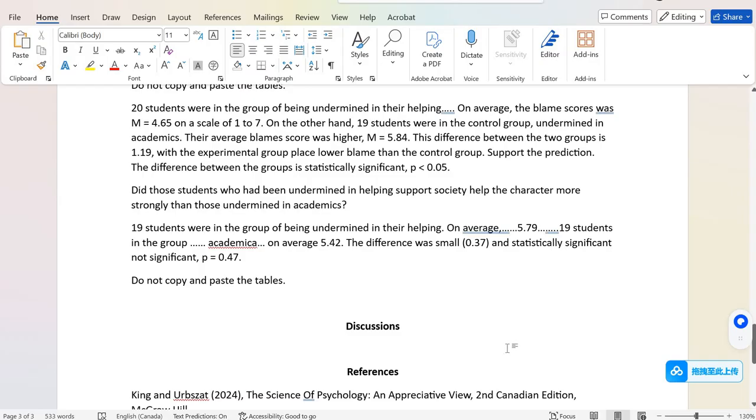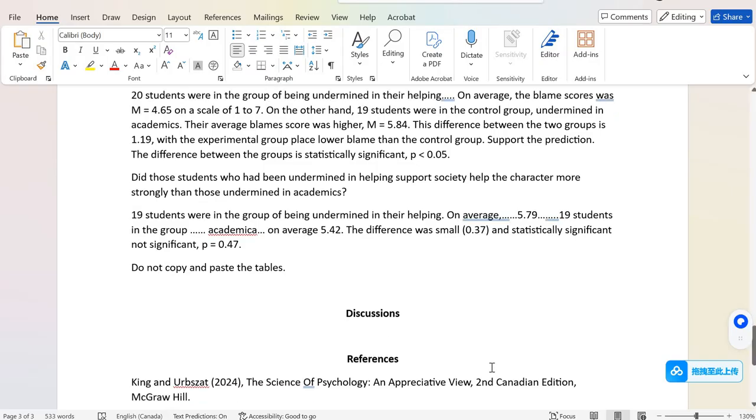Why? You can think about some reasons why there was this disparity in the data, and then you can talk about the potential implications of the finding. How would this finding help us understand people's attitude toward drug addiction, people's support of programs for helping them, rather than blaming them?